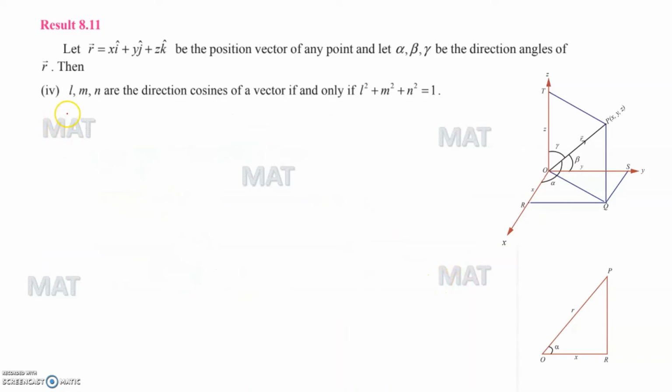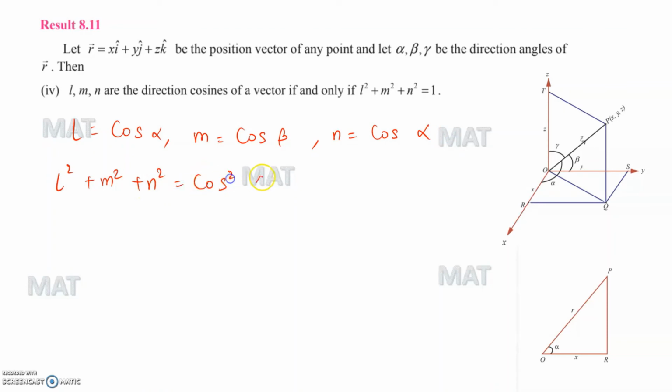Result 4 states that L, M, and N are the direction cosines of the vector if and only if L squared plus M squared plus N squared is equal to 1. So if L is equal to cos alpha, M is equal to cos beta, and N is equal to cos gamma, then L squared plus M squared plus N squared is equal to cos squared alpha plus cos squared beta plus cos squared gamma.